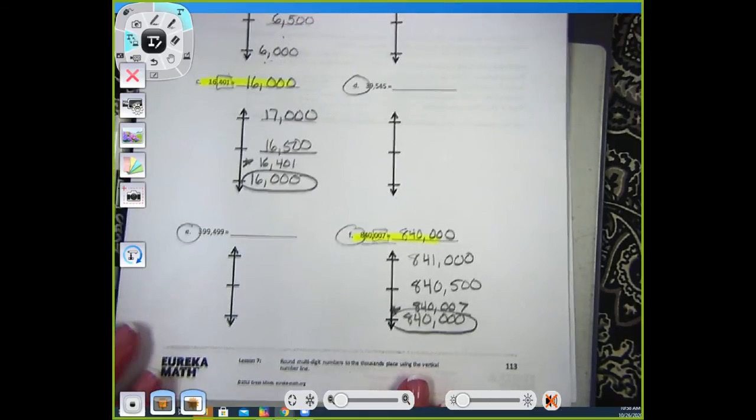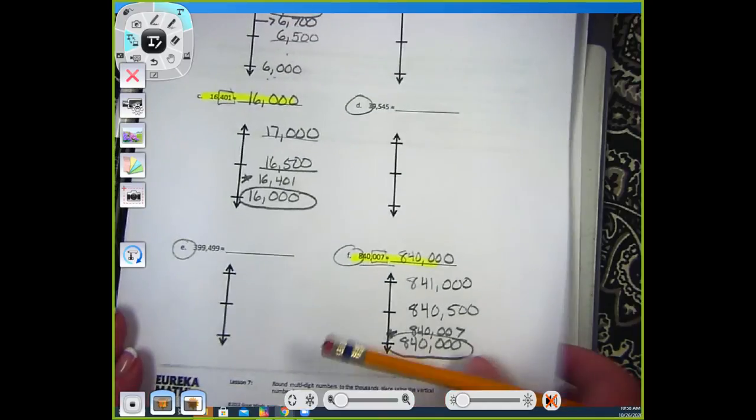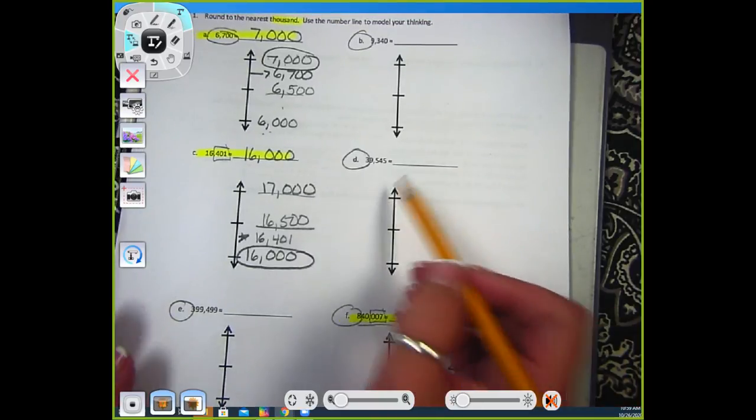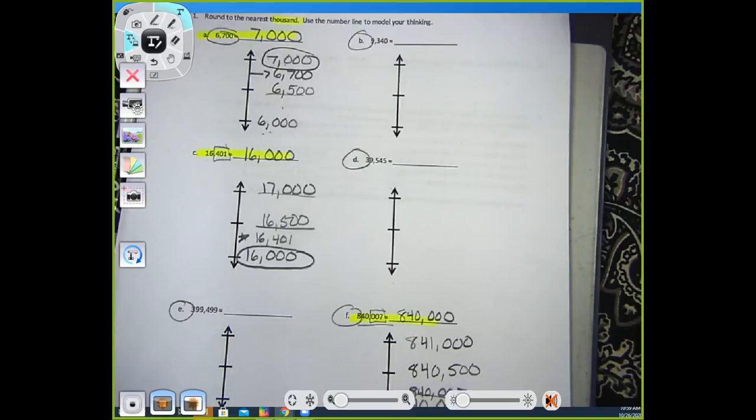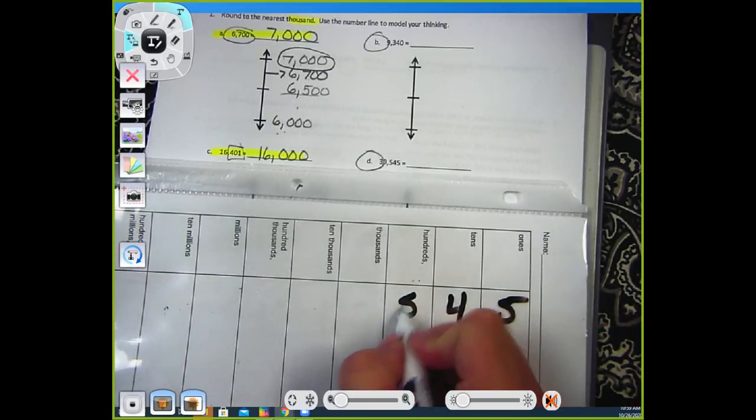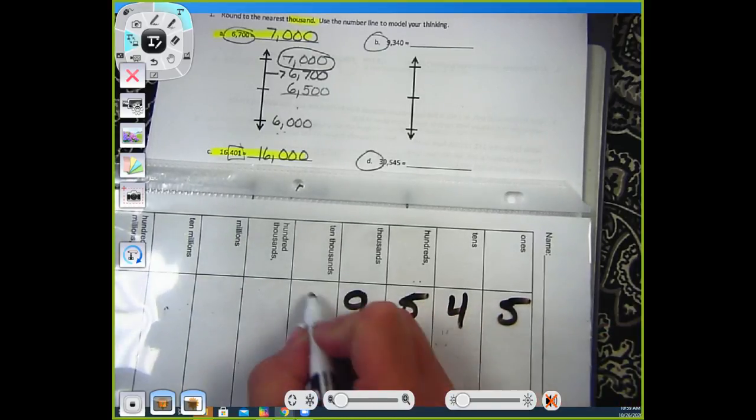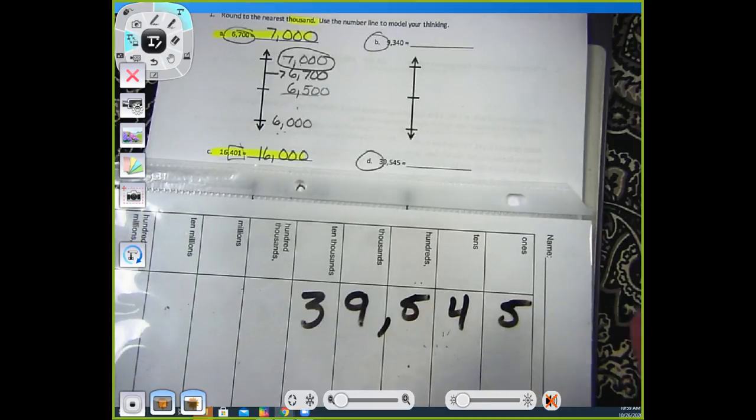Okay, I'm going to go up to problem number D. So we have the number 39,545. I'm going to write that on my place value chart. And I always go from smaller to bigger. And remember, the directions say rounded to the nearest thousand.